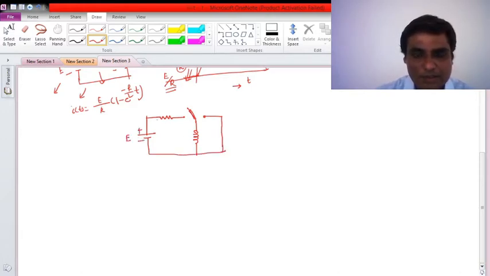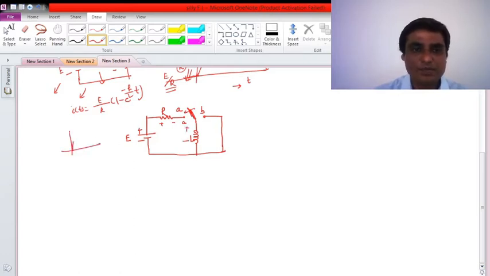This is E, R, L, this point A, this point B. If I keep this switch at position A, what is happening? Your inductor has been charged fully. That we have seen this way.